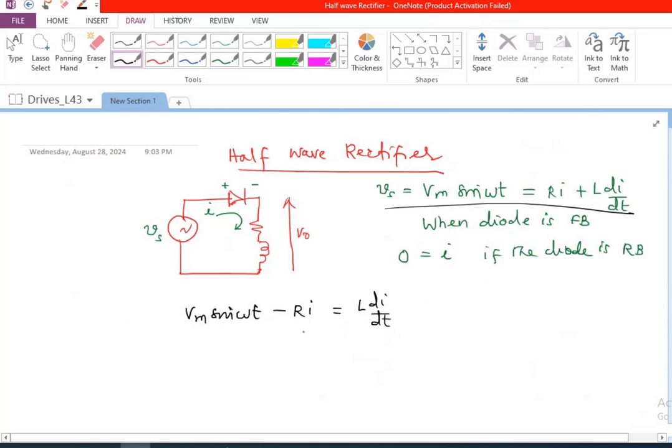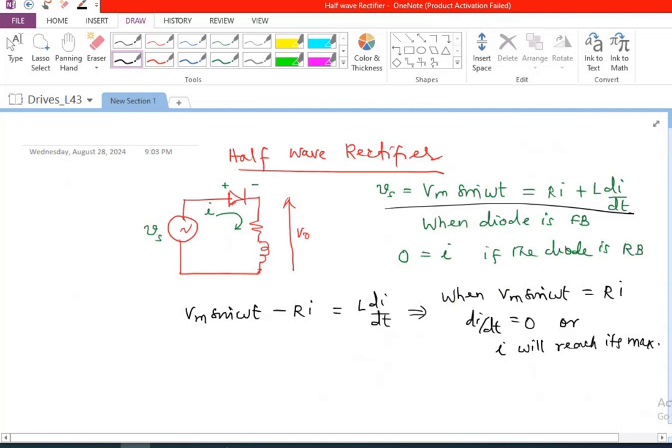So this tells me that when Vm sine omega t equals Ri, I'm going to have di by dt equal to 0, or I will reach its maximum value.